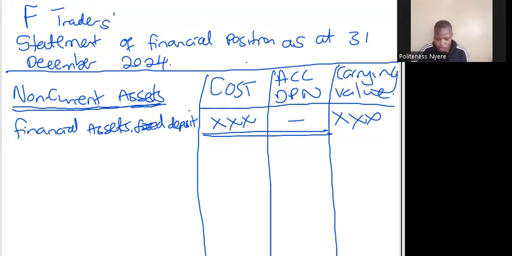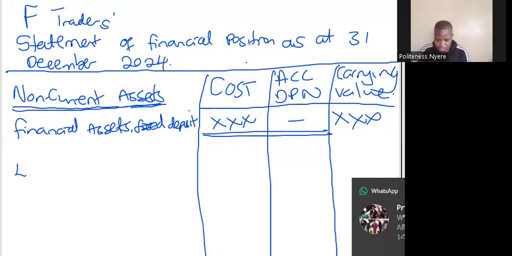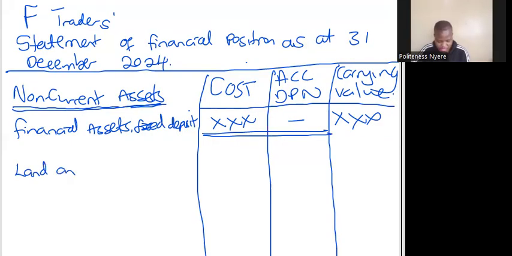So now we move on to, let's say, land and buildings. So now we are looking at the fixed assets, land and buildings. So you write down the cost, and normally land and buildings, they don't depreciate.